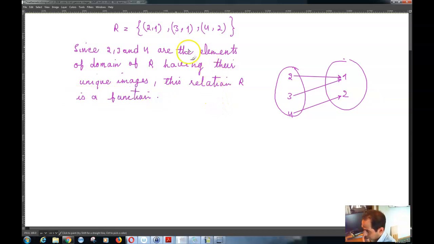Now this could be a little bit confusing, meaning that there is no good way to understand this sentence.